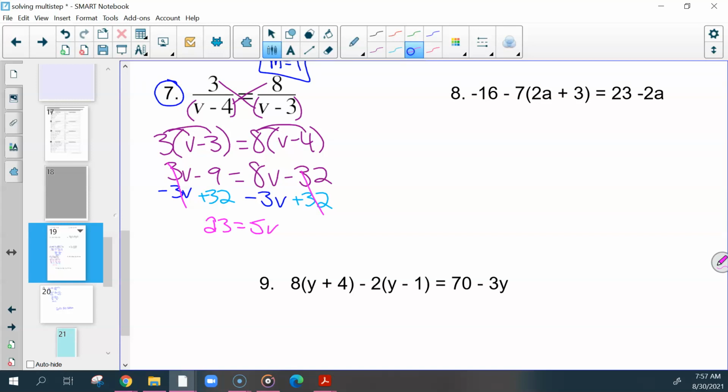Sometimes the answers you get to these are fractions or decimals. That does not mean you got it wrong. Especially when you get answers that are decimals or fractions, I would double check this. Does this work? I'm going to put this one in the decimals.